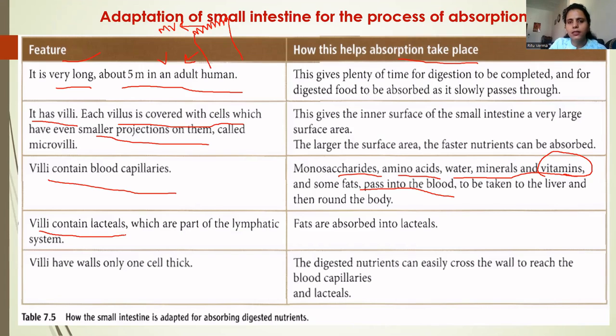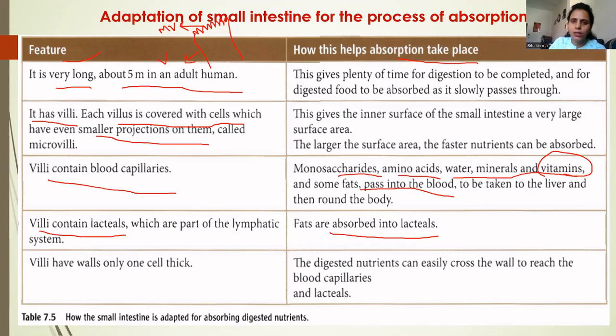This fat gets digested into fatty acids and glycerol. These fats are absorbed into the lacteals and not into the blood capillaries. So remember, lacteals absorb fat, and fat means fatty acids, glycerol, lipids and the fat soluble vitamins.